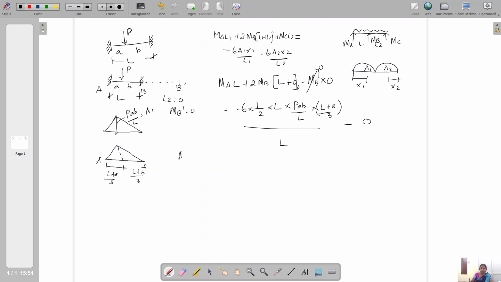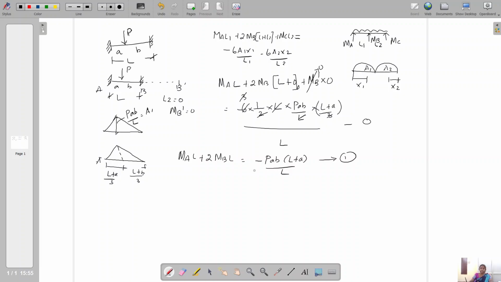We can write the further simplified form: MA into L plus 2MB into L equal to, if you simplify this equation, 3 times, this is also cancelled, so minus P into ab (L plus a) by L. Consider this as equation number 1.